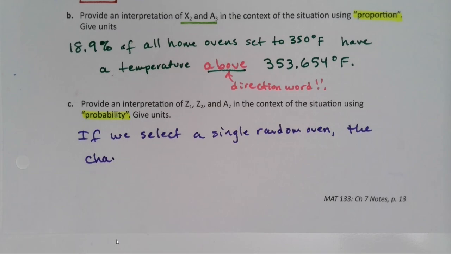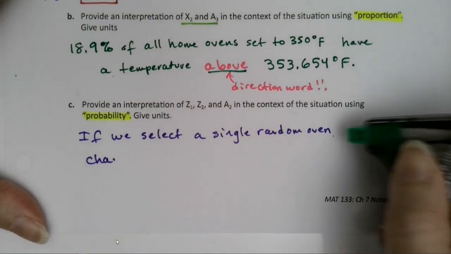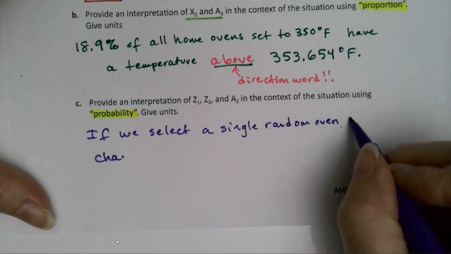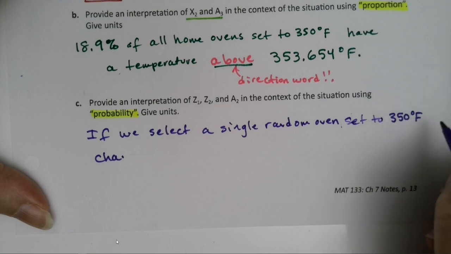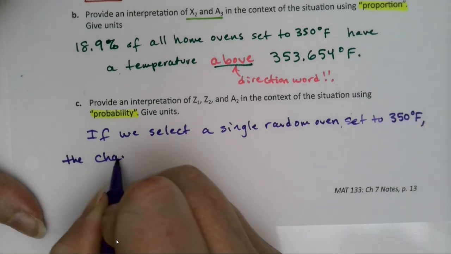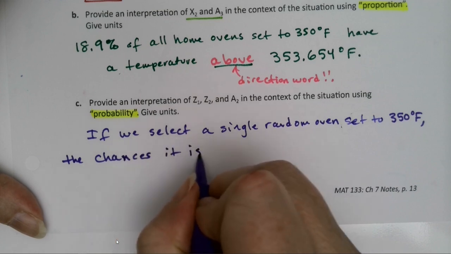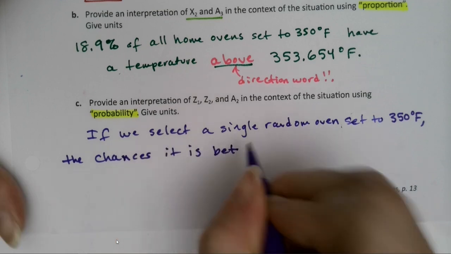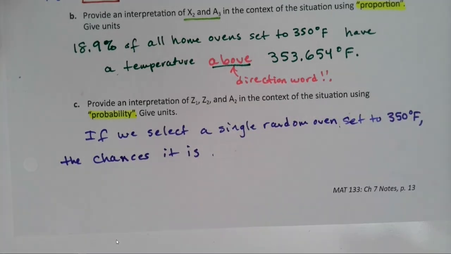oh, random oven set to 350, right? Of course, ovens that are not turned on are cold. That'll be a different story. Set to 350 degrees Fahrenheit. The chances it is between, oh, that we have to have that direction word. Let me make it pink. Between, right?